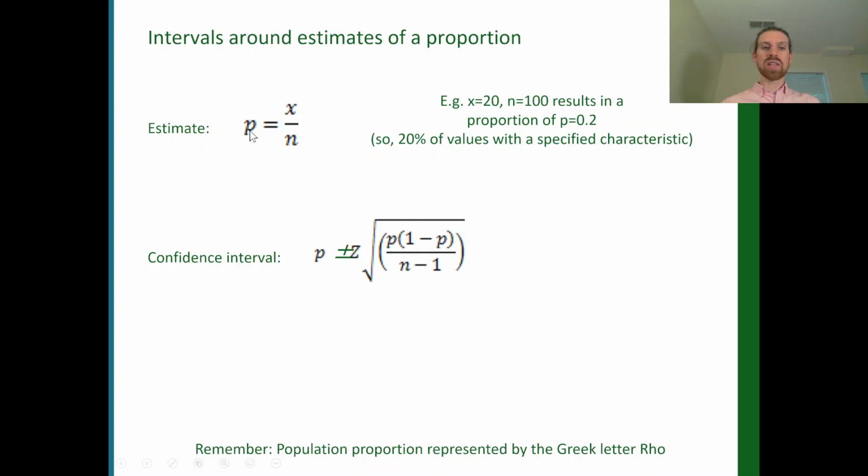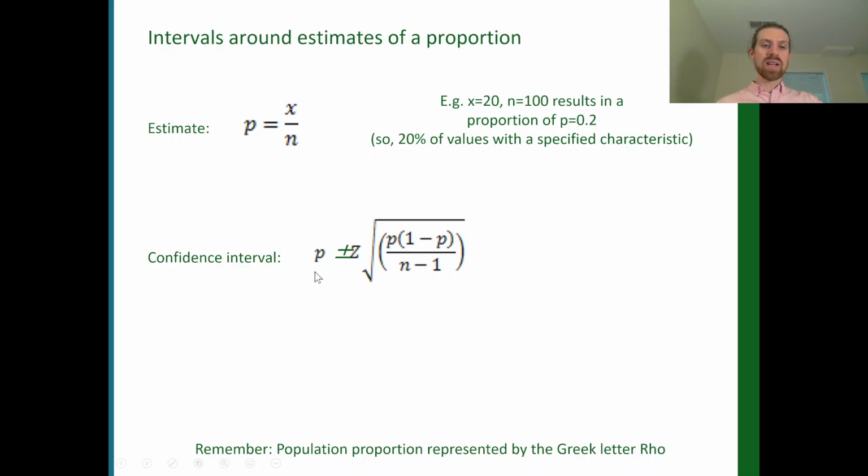So here we represent proportion. It's not a p; it's actually the Greek letter rho, and we can get this proportion value based on x over n. Okay, so x is the actual absolute value that we've got, and n is the total number of values that we have, which results in a proportion of 0.2, so 20% of the values with a specified characteristic.